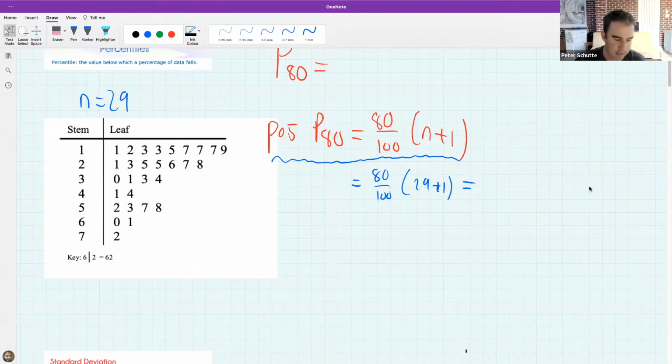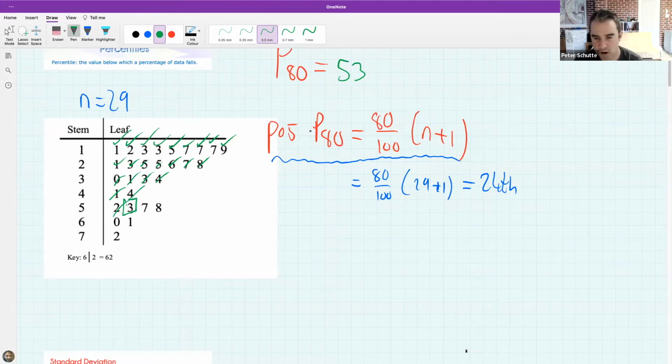To me, the position looks like 24th position. If I count to the 24th position, it's going to take a while. 1, 2, 3, 9, 10, 11, 12, 13, 16, 17, 18, 19, 20, 21, 23. So I get that the 80th percentile has a value of 53 in the list.